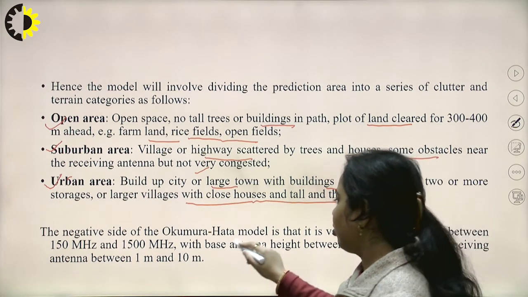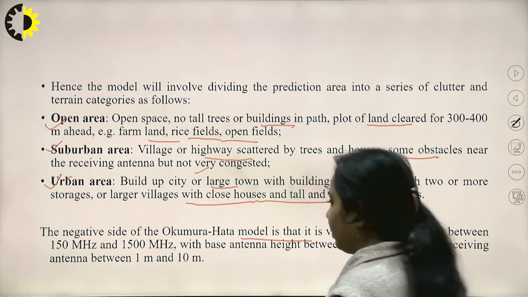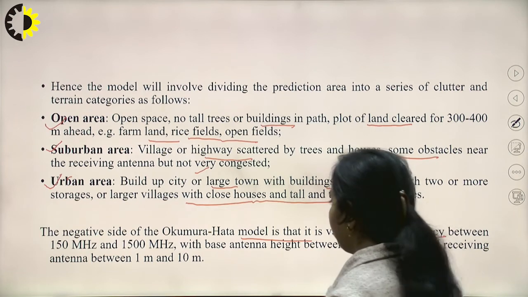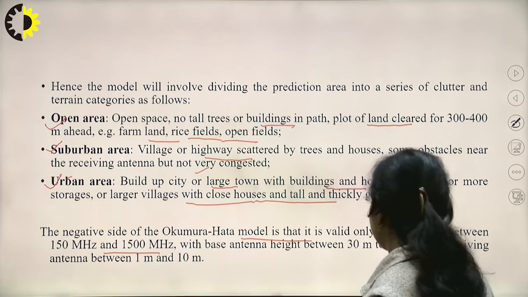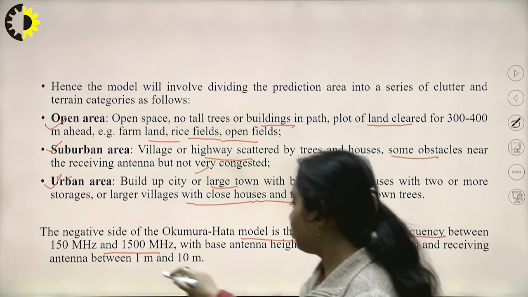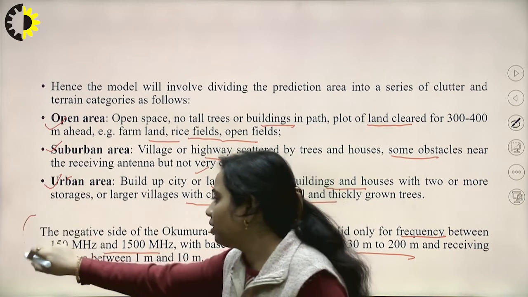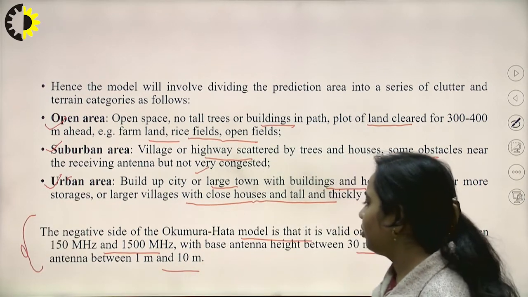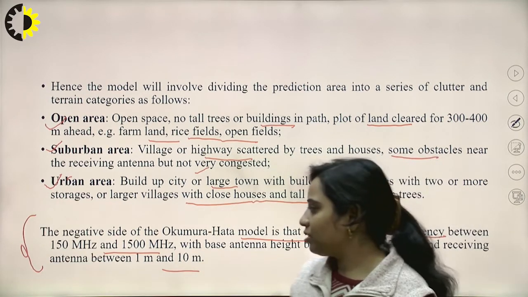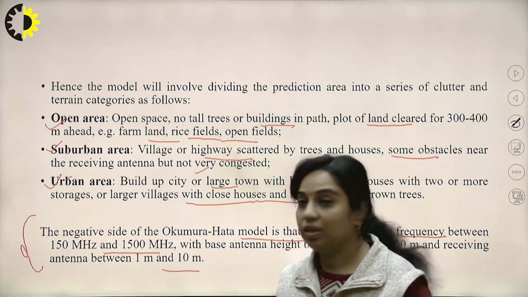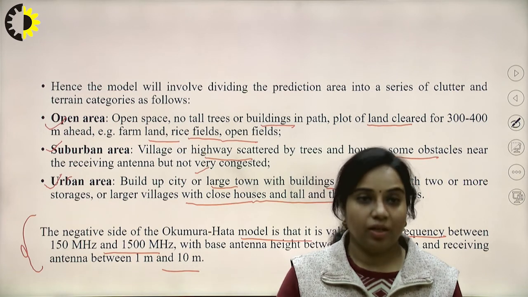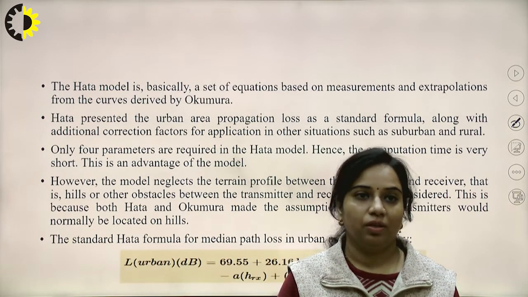The negative side of the Okumura-Hata model is that it is valid only for frequencies between 150 MHz and 1500 MHz, with a base height of 30 to 200 meters and a receiving height of 1 to 10 meters. These are the negative points of this model, because the frequency range is specified and the transmitter and receiver antenna heights are also fixed.